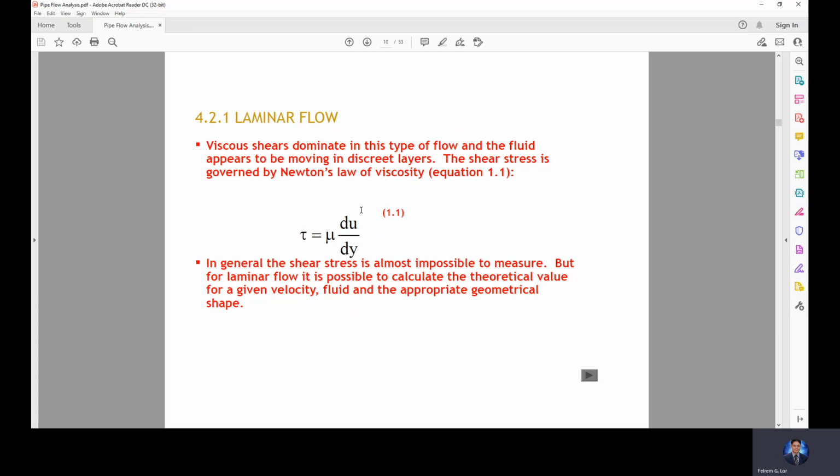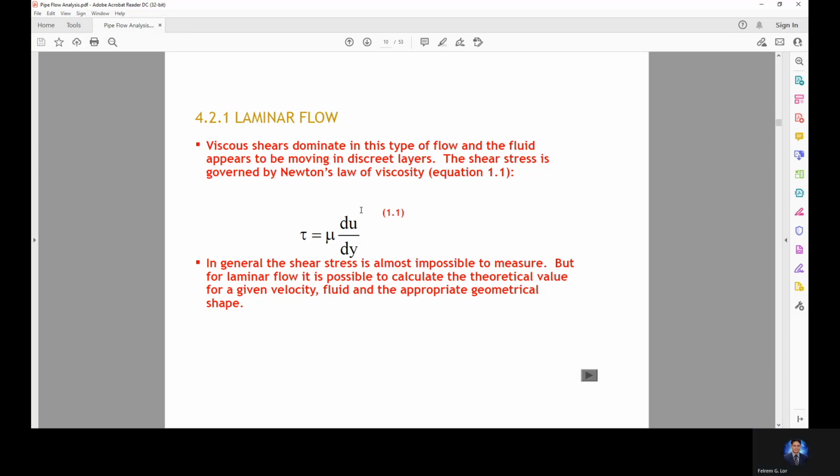So the fluid appears to be moving in discrete layers. So lahi-lahi na siya og layer along the cross section of our pipe, murag different layers, but for that particular layer the flow of the liquid will not cross to a different layer. Kung asa siya nga layer, mo flow ra na siya on its straight path.